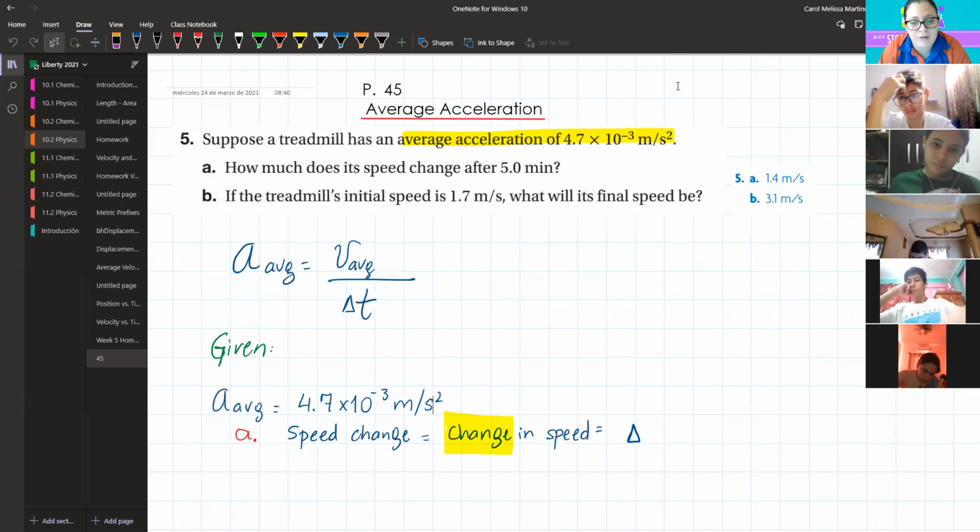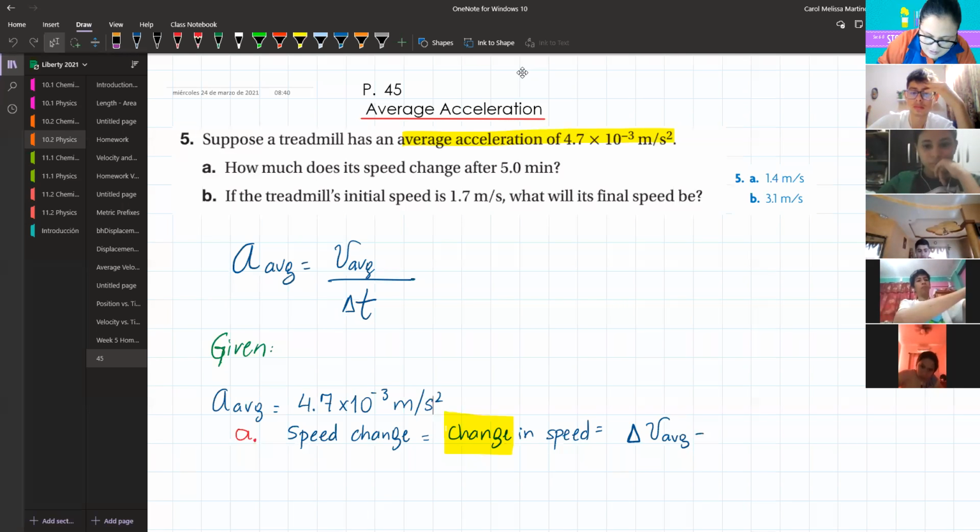As we're talking about change in speed, we're talking about change in velocity. So this is going to be the change in average velocity. That is what I'm going to look for, so this is my unknown.